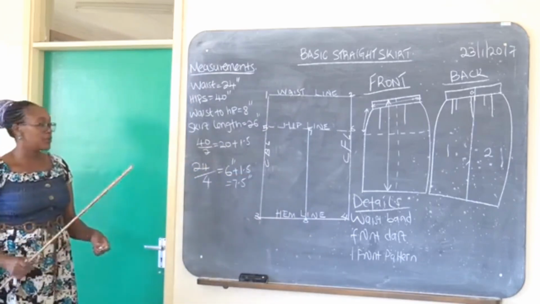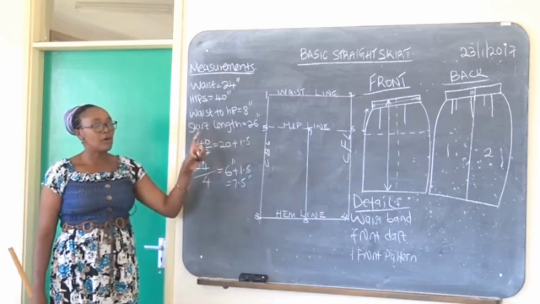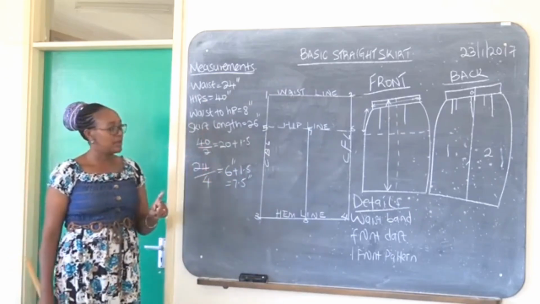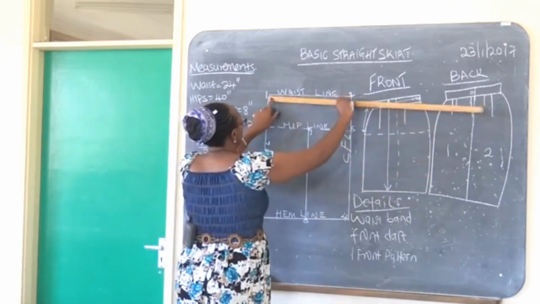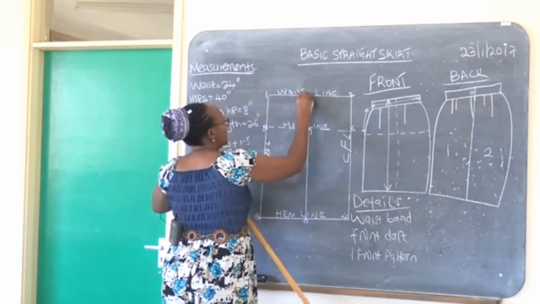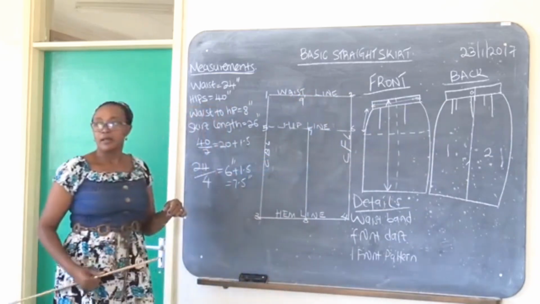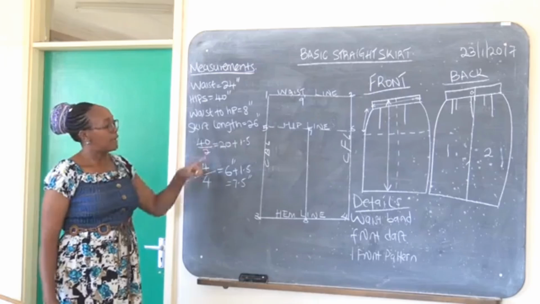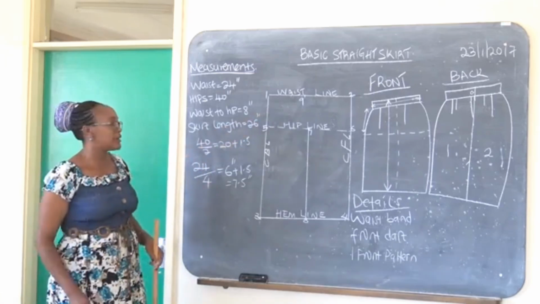It is important to note that this 1.5 of an inch is the accommodation for the 2 darts in each part. So I will measure 7.5 from point number 1, and then I will indicate that this is my point number 9. And because this is my point number 9, I need to establish point number 10.